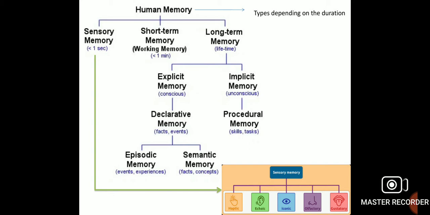For example, in episodic memory, you can have your own experiences, like your boss shouting at you. Semantic memory is about facts and concepts. Suppose somebody asks you the capital of something, then you must remember these things. So you need to be conscious to answer all these questions. So this is how long term memory is.